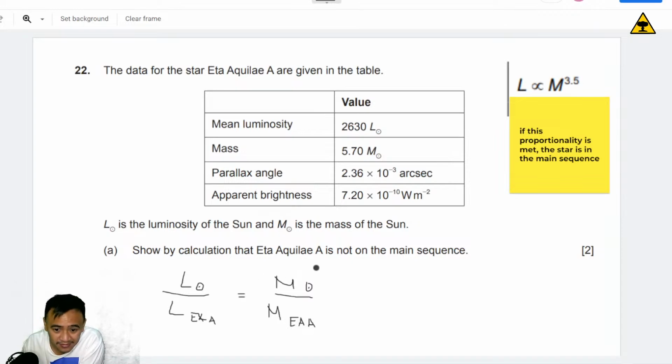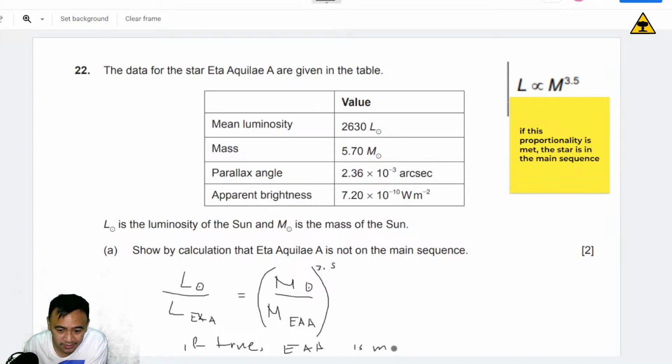Is it 3.5? Like that. Okay. If this is true, eta Aquilae A is main sequence. So that's all you have to check.